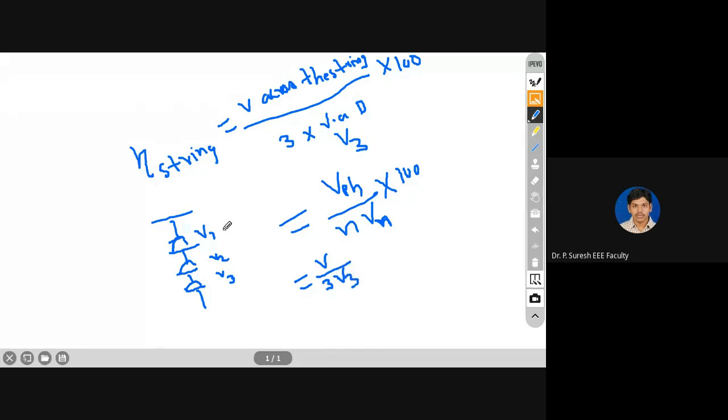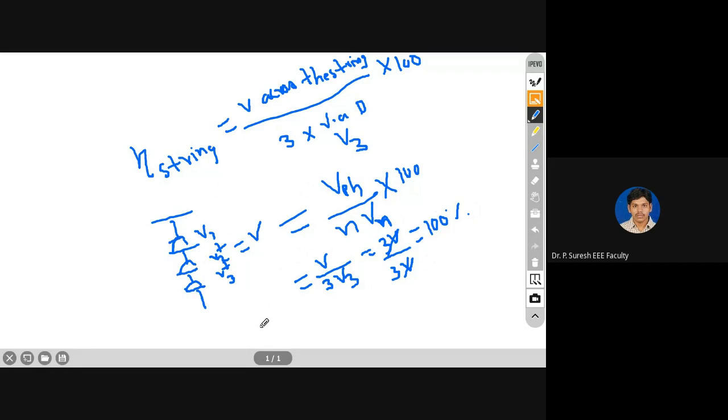V1 plus V2 plus V3 is equal to V. If all are equal, we get 3V divided by 3V, and then we get 100%. We get the maximum string efficiency when the voltage across each disc is equal. Only then is it possible.